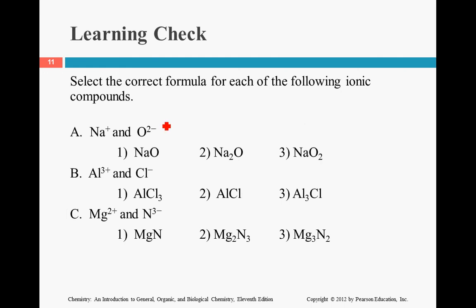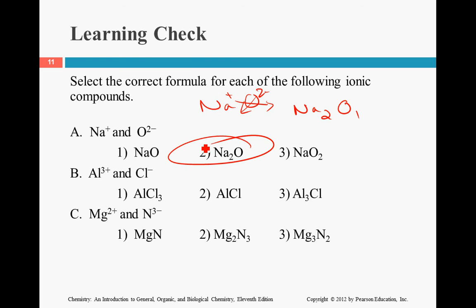So let's take a look at these. We have Na+ and O2-. Crisscross those, so it becomes Na2O1, or Na2O. Al3+ and Cl-, crisscross those, becomes Al1Cl3.